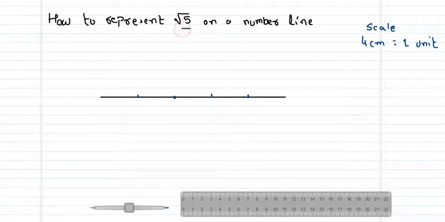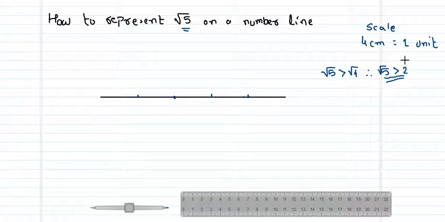So root 5 is obviously greater than root 4, and therefore root 5 must be greater than 2. Root 4 is nothing but 2. Okay, so with the help of this calculation we can take 2 as one side. So this is our origin, this is 1, this is 2 and this is 3.